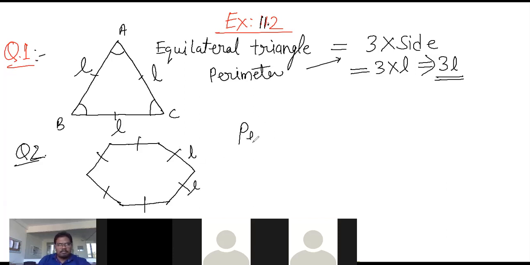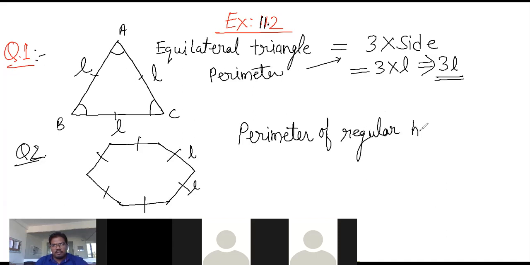So the perimeter of a regular hexagon is equal to 6 into side.